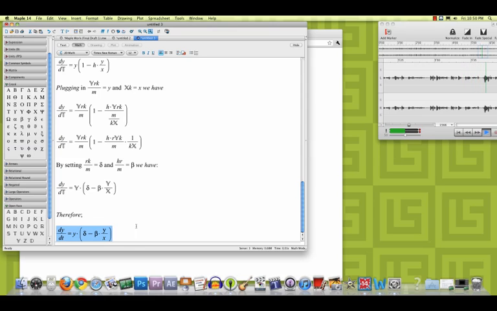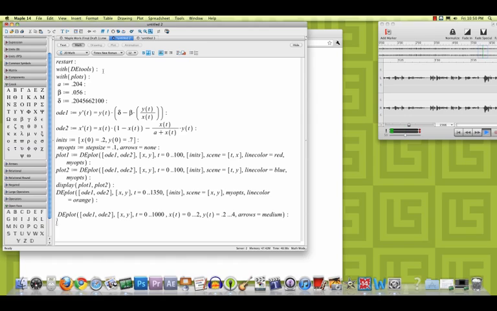Now we have the first two equations, and we're going to solve for them and look at the graphs. We have the tools we need. We're also going to plug in alpha, beta, and delta. We're going back to what we defined the predator and prey equations to be, and this is what we found.